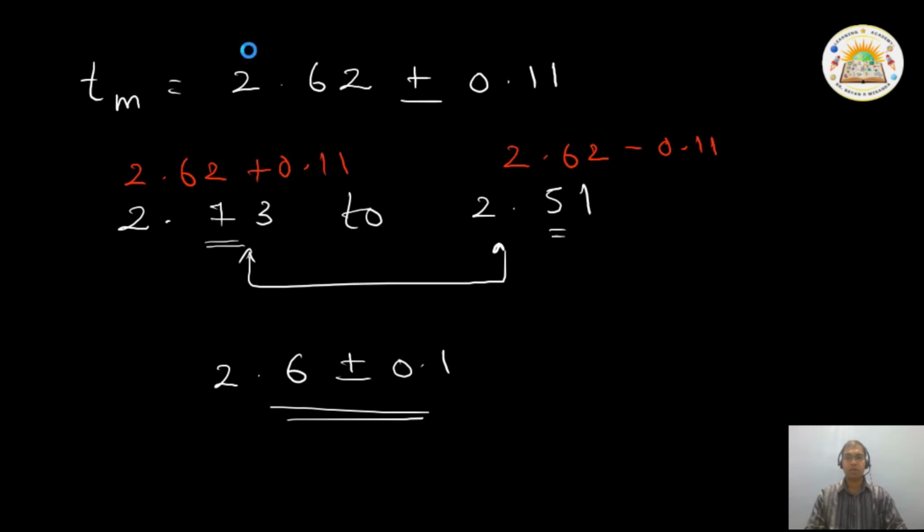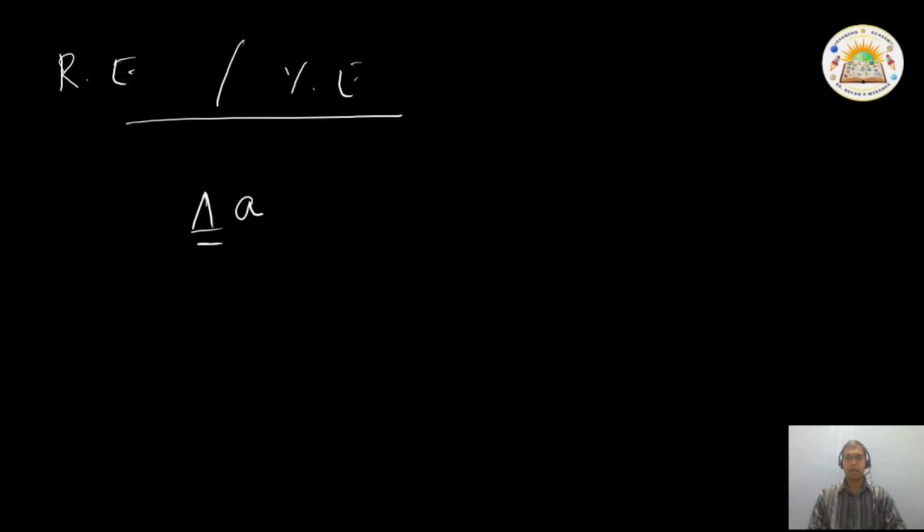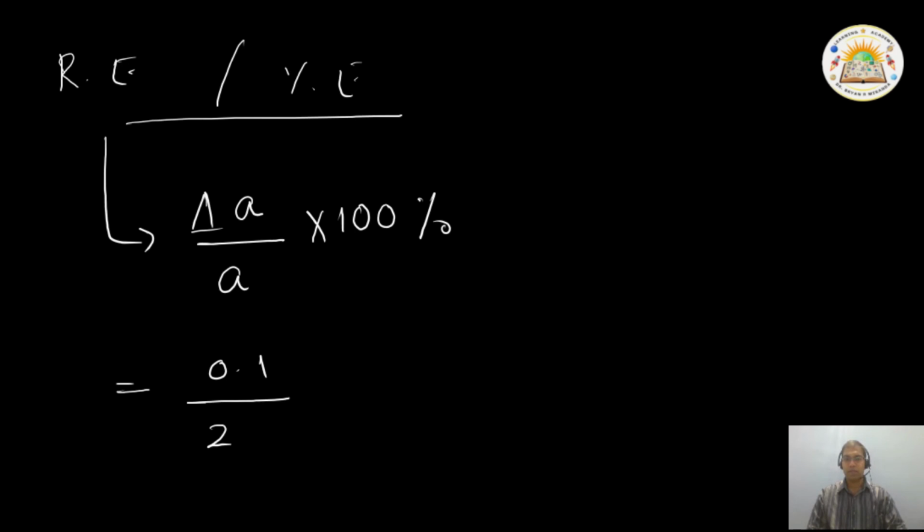So now the next part is to calculate the relative error or percentage error. Now the formula will be nothing but delta A by A. This is for relative error. And for percentage error, you just multiply this by 100%. So here our value of error is 0.1 divided by 2.6, that is our time, into 100%.